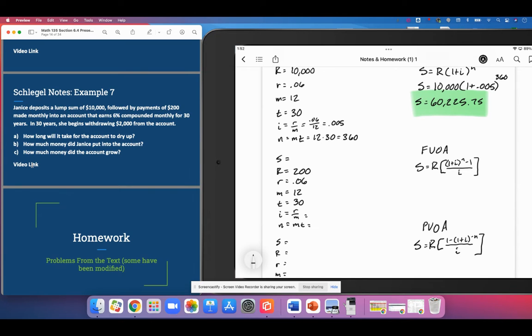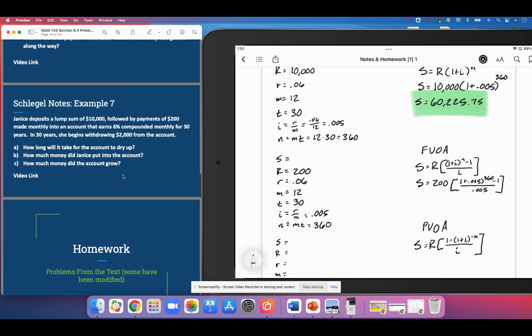And so the R over the M is going to be identical, so I'm just going to go straight to 0.005. And the M and the T are going to be identical, and so that's going to be 360. So in my formula, I've got S equals 200 times 1 plus 0.005 to the power of 360 minus 1, over 0.005.